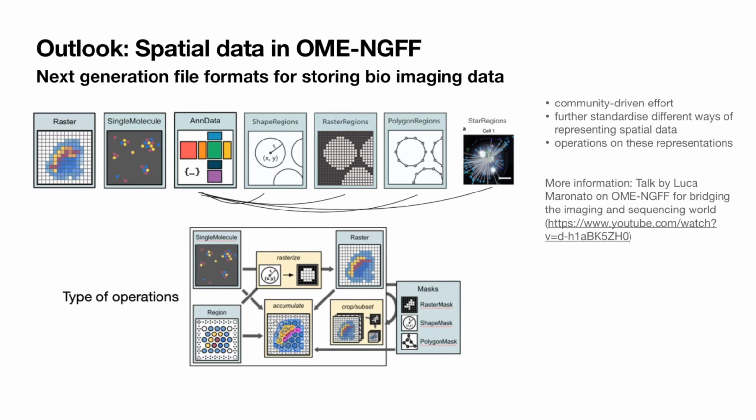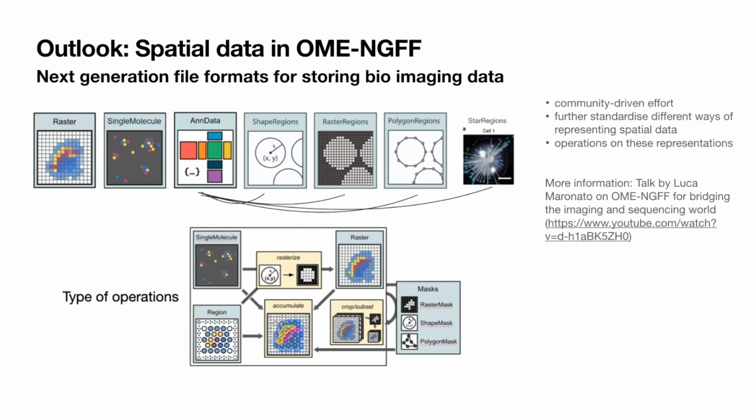This is essentially a huge community effort to provide next generation file formats for storing bioimaging data. So this is what the OME-NGFF effort is for. And what we're now doing is proposing to actually use AnnData within this specification.